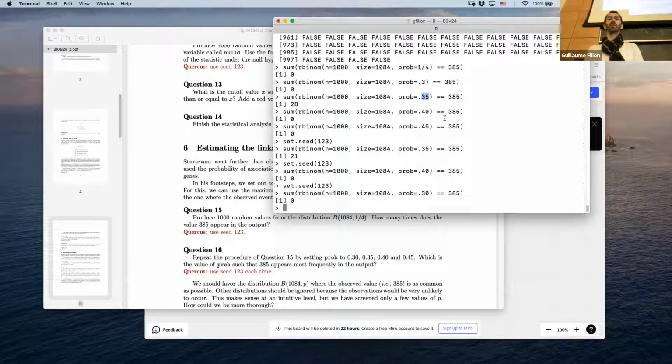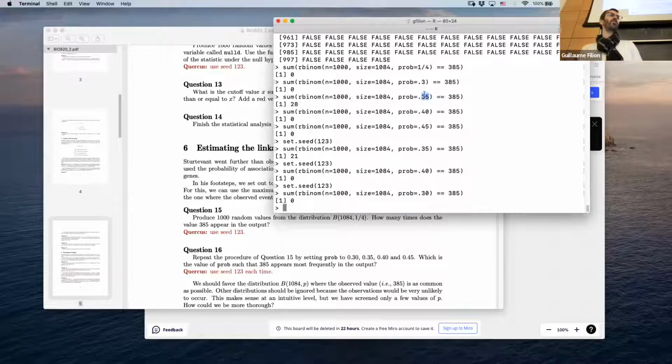Right? So doesn't it make sense to say that the probability of association between these two alleles must be close to 0.35? It's the only case where this has happened at all in our simulations. Okay? So that's a very strange way of thinking of estimations. We're kind of flipping the problem upside down. We're not changing the observations this time.